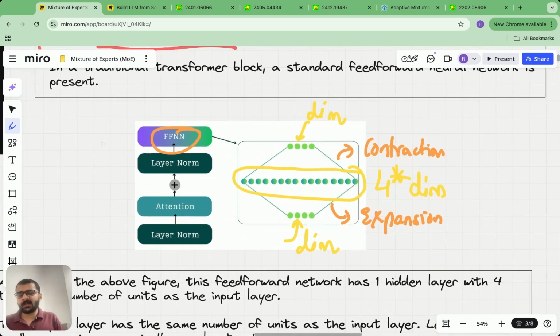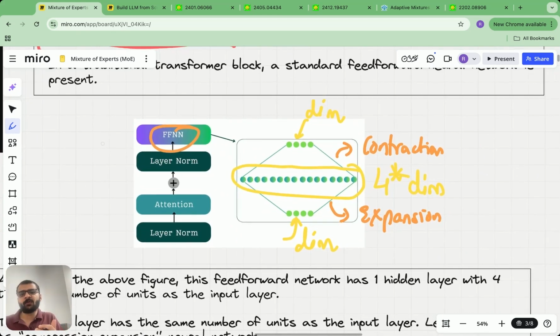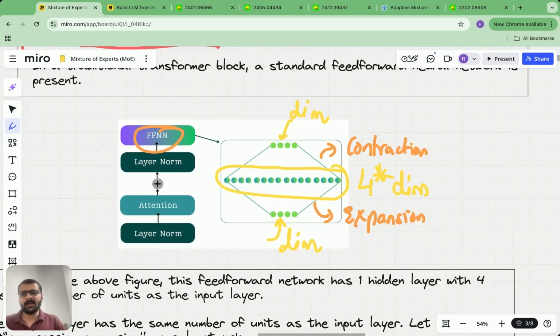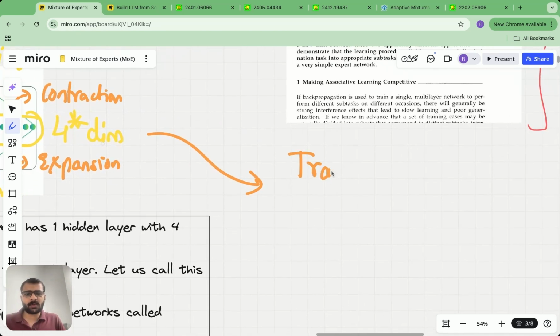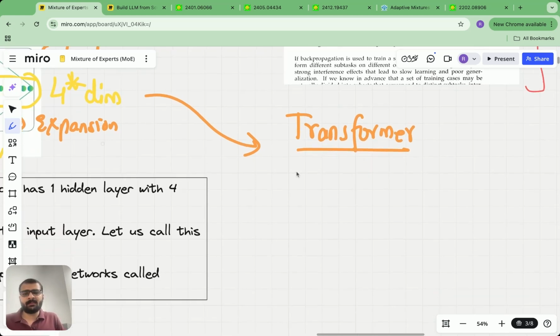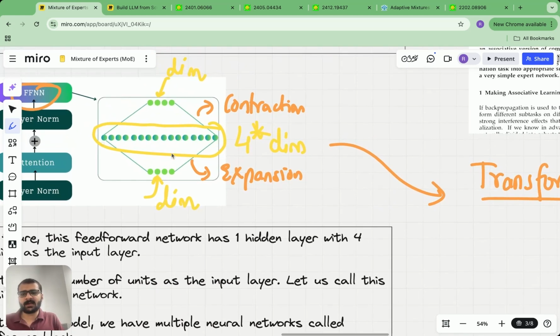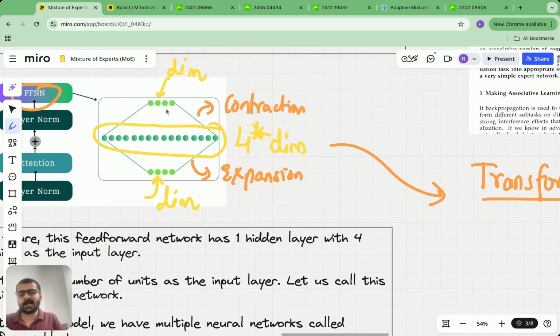But one thing to note is the number of parameters which the feed forward neural network actually takes. So let us try to estimate this. Say we have one transformer block, and the input embedding dimension is 768. How many parameters will be there in one such feed forward neural network? In the expansion layer, we have 768 inputs and 4 times 768 hidden layer dimension.